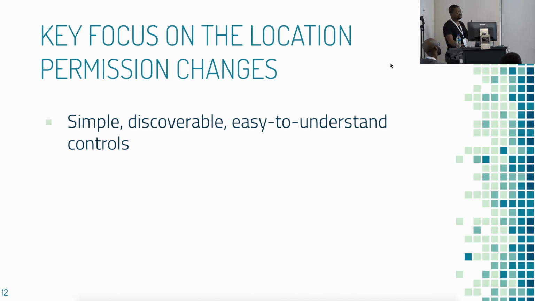The aim is to provide you with simple, discoverable, easy to understand controls, so that when an app makes a permission request, you understand exactly what you're about to grant, because your privacy and your control are more important in Android 10.